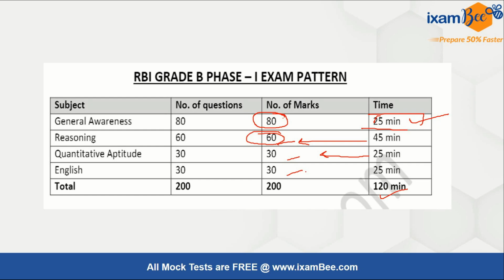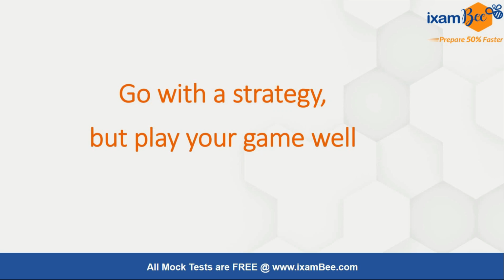I am asking you to get 50% marks in general awareness, but please ensure that you do enough questions in quant, reasoning and English so that you get the sectional cutoff everywhere for getting into phase 2. And your strategy is your strategy. If you can score more in reasoning and maybe slightly less in GA, that is also fine. But GA is one thing which is going to help you also in phase 2.